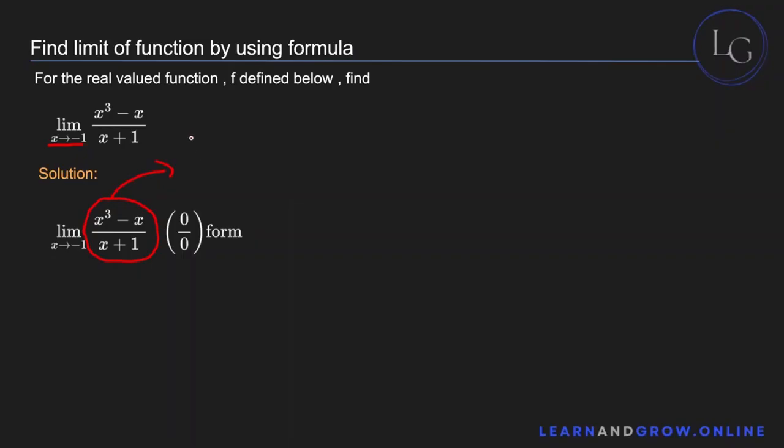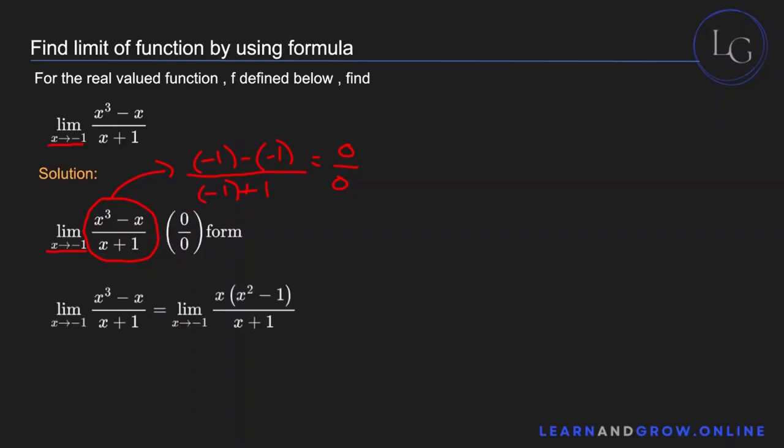Well, x cubed would become -1, right? And x would also become what? -1, right? And then the denominator, x becomes -1 plus 1, and that equals 0 by 0, right? So you can solve this, but you have to convert this entire thing to a form where you can apply this limit without it being undefined, right?